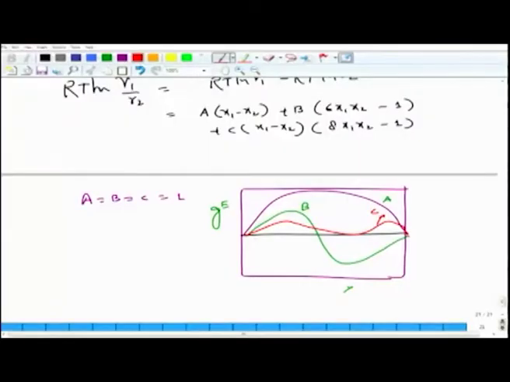Now, as far as this Redlich-Kister expansion is concerned, it's a convenient method to represent the liquid phase, phase gamma.